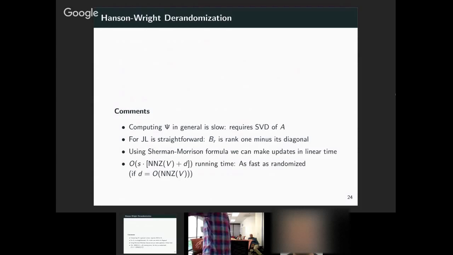We end up with an algorithm that runs in time s times nnz(V), where nnz(V) counts the total number of non-zeros of all the input vectors V. It's the sum of the sparsities across all input vectors. Under the mild assumption that this number of non-zeros is at least as large as the dimension, we get something which has complexity s times nnz(V).